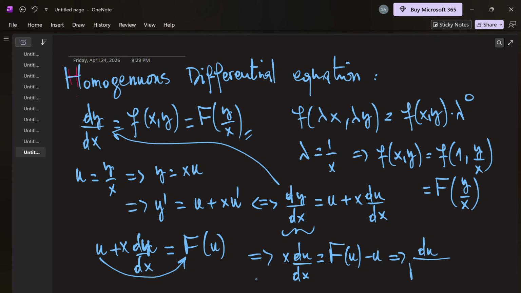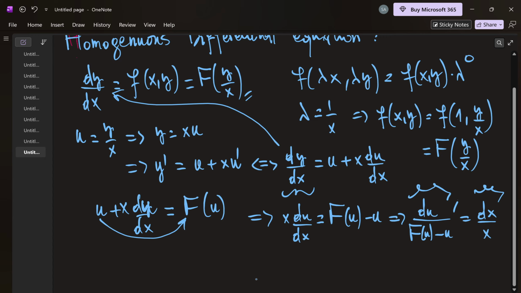What you get is du over F of u minus u is equal to dx over x, and this part depends only on x, and this part depends only on u. So this is actually a separated differential equation, and you solve it like we did with those of exercise number 1.